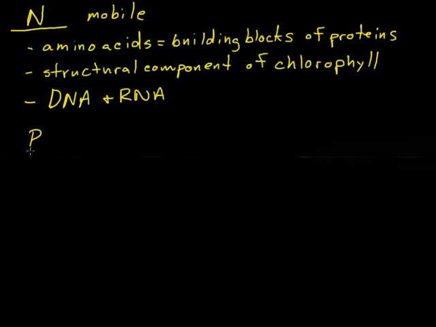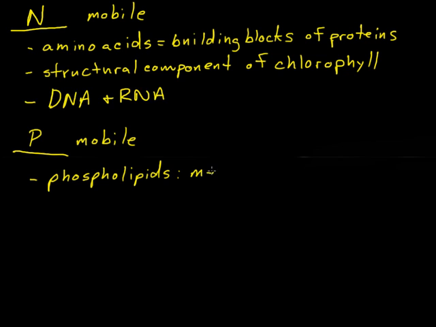The next nutrient on our list is phosphorus, which is also one of the big three, and it is mobile within plants, although it's immobile in soils, and you'll get to that in soils class. Phosphorus is a component of what are called phospholipids, which I've mentioned before briefly are what membranes are made out of. So basically you could just say membranes as a physiological role for phosphorus and you would be correct.